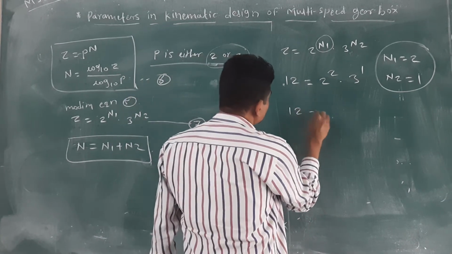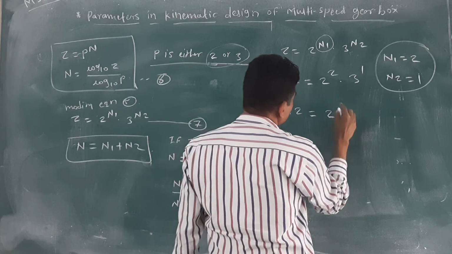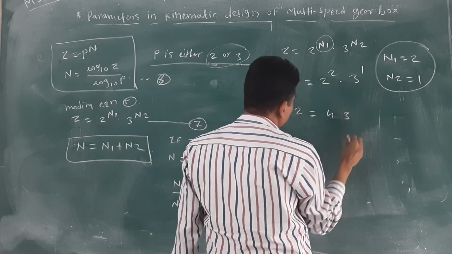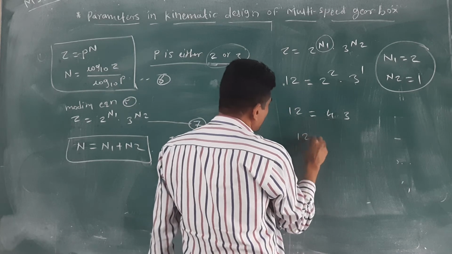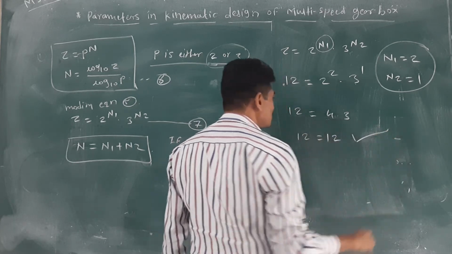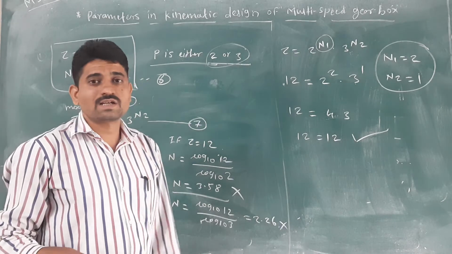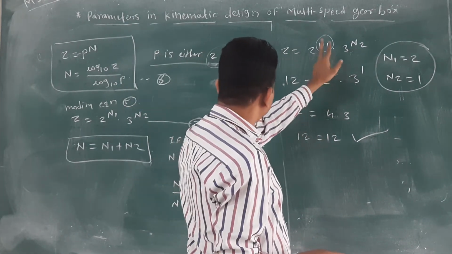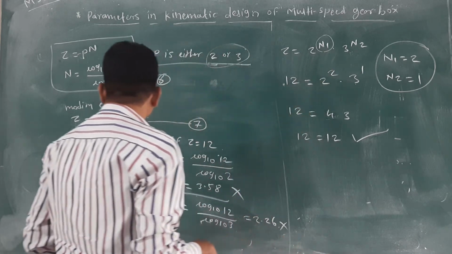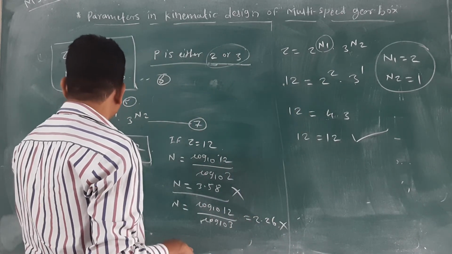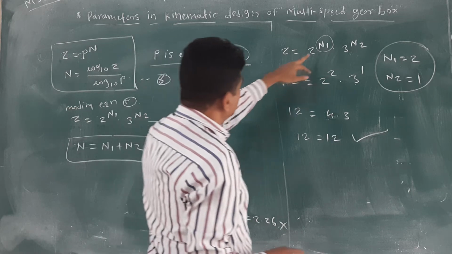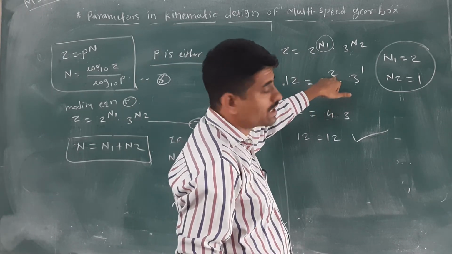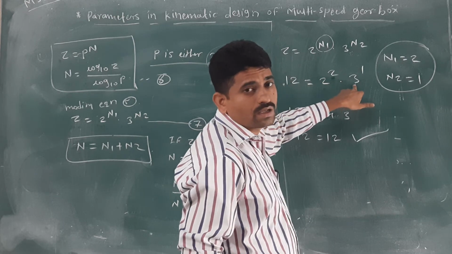Then check that 12 is equal to 2 raised to 2, which means 4, and 3 raised to 1, which is 3. 4 into 3, 12 is equal to 12. This condition is satisfied. If we put the number of stages as 3, 2 raised to 3, what you will get? 8. 8 into 3, 24.